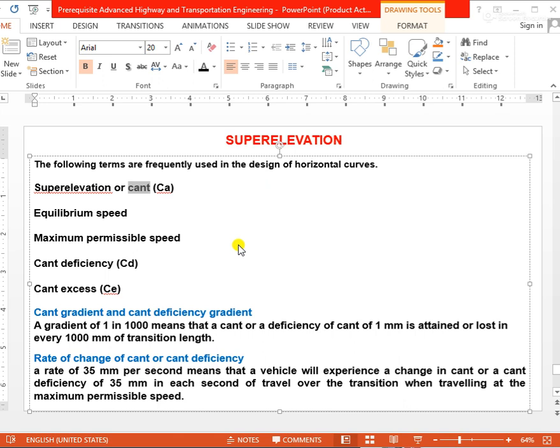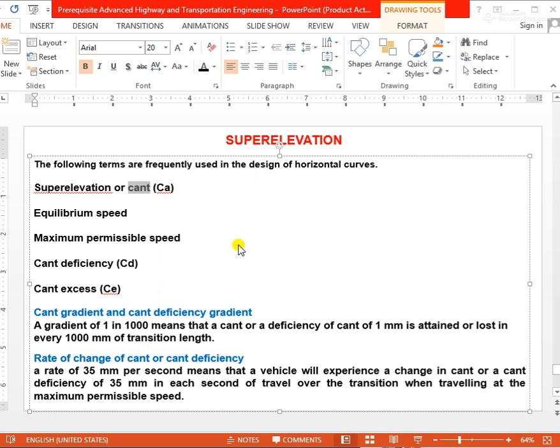You know where the transition curve is provided: between the circular and straight portions. As we saw in highway engineering, when introducing a circular curve, between the straight portion and the circular portion, one curve is provided, that is the transition curve.